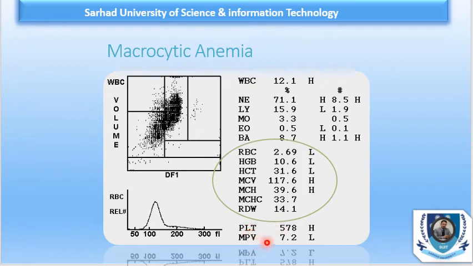So we'll report it as macrocytic anemia, or macrocytic red blood cells with hypochromia, and WBCs show high count, especially basophil. And platelet count is also high, so we can write that here we have thrombocytosis.